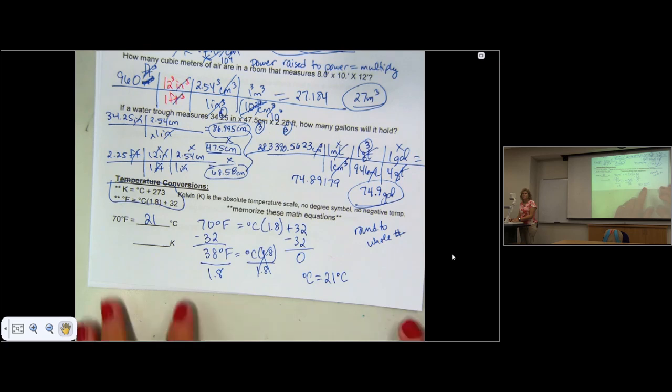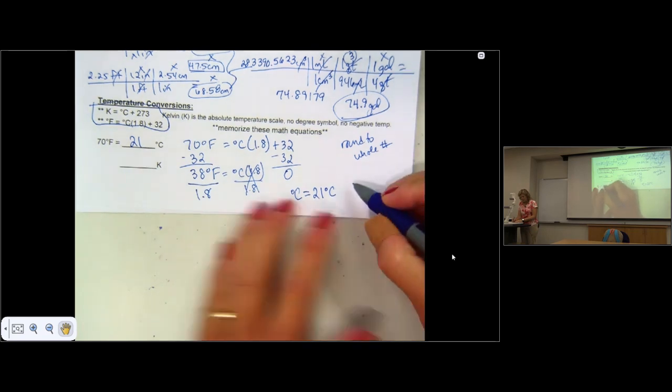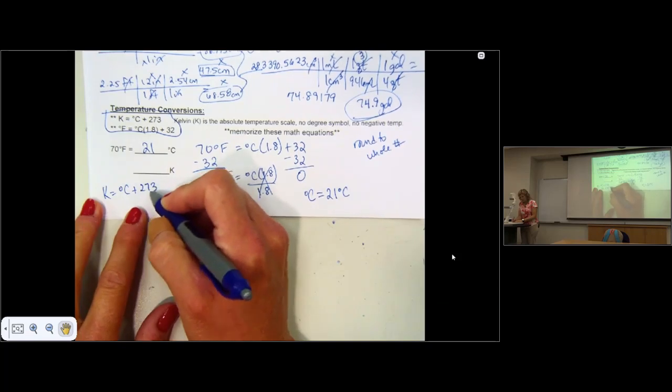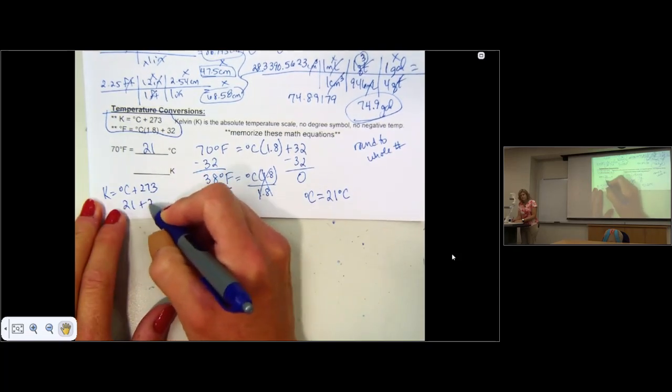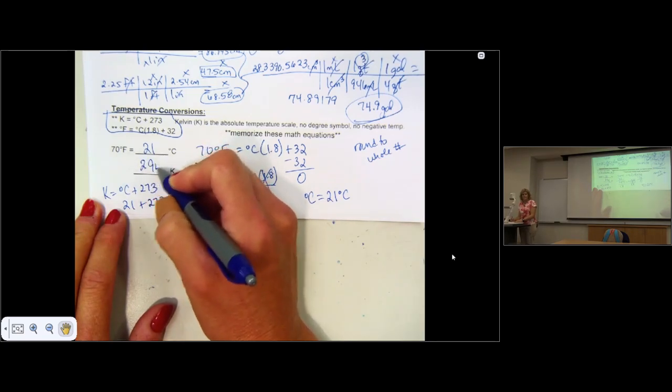Question on this. Kelvin is degrees Celsius plus 273, so that's 21 plus 273, 294 Kelvin. Yes?